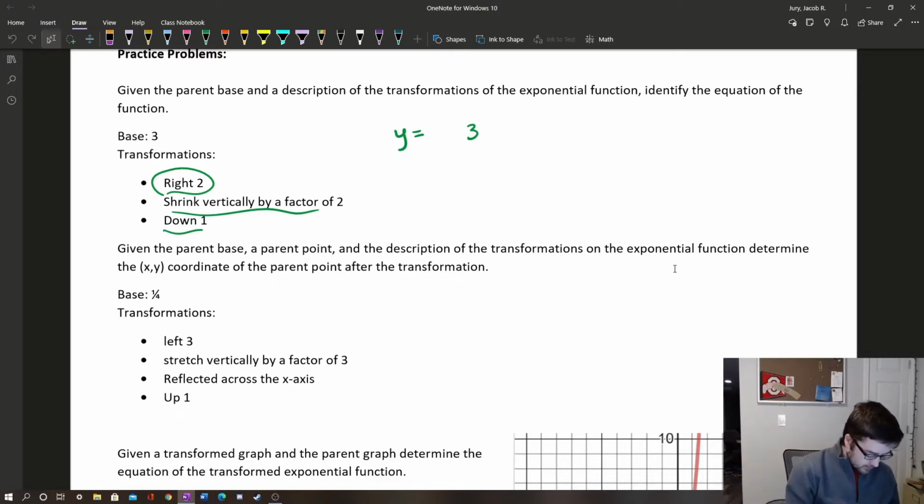So I wanted to include some different wording in here. You could say it stretches vertically by a factor of 1/2, and that would work as well. So if it shrinks vertically by a factor of 2, you're not going to multiply the y values by 2, you're going to multiply them by 1/2.